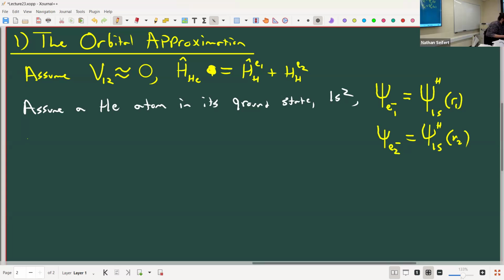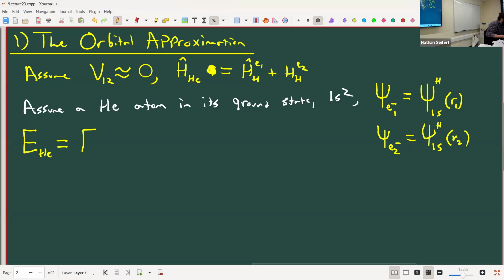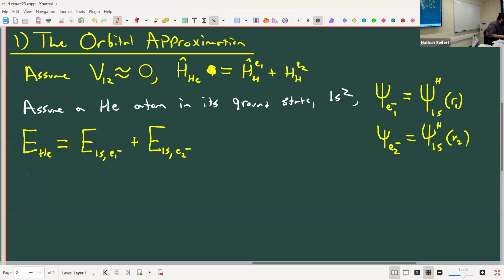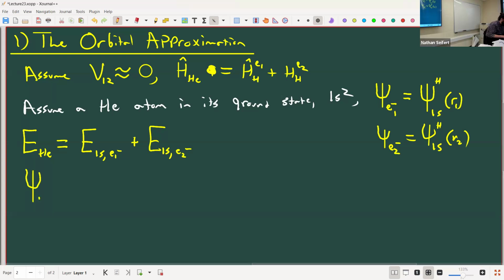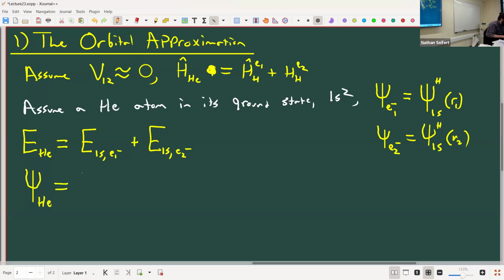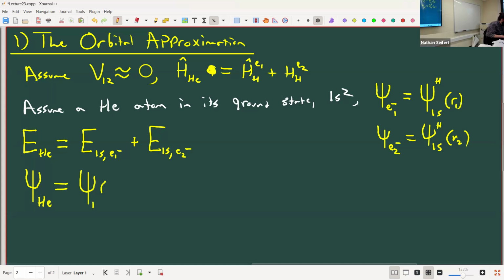And this would mean then that the energy of the helium atom is the energy of the 1s state for electron 1 plus the energy of the 1s state for electron 2. And that the total wave function of the helium is equal to psi1 at R1 times psi2 at R2. Right? So these are our 1s orbitals.